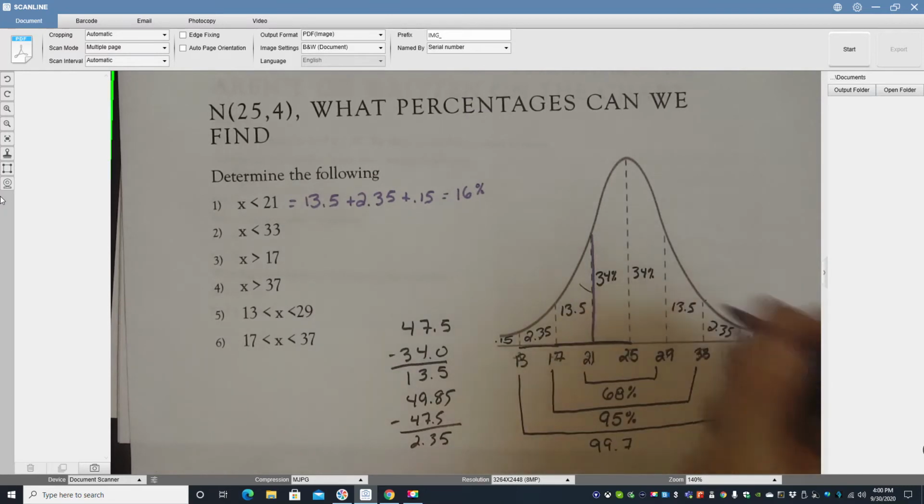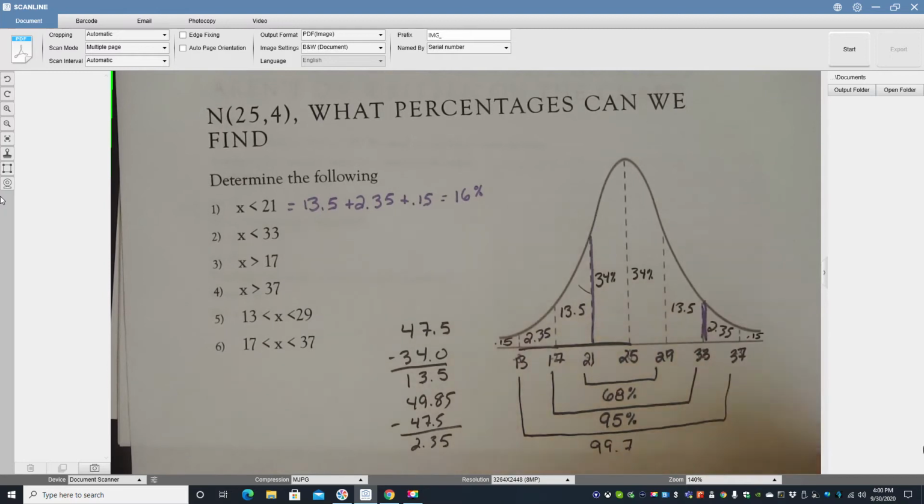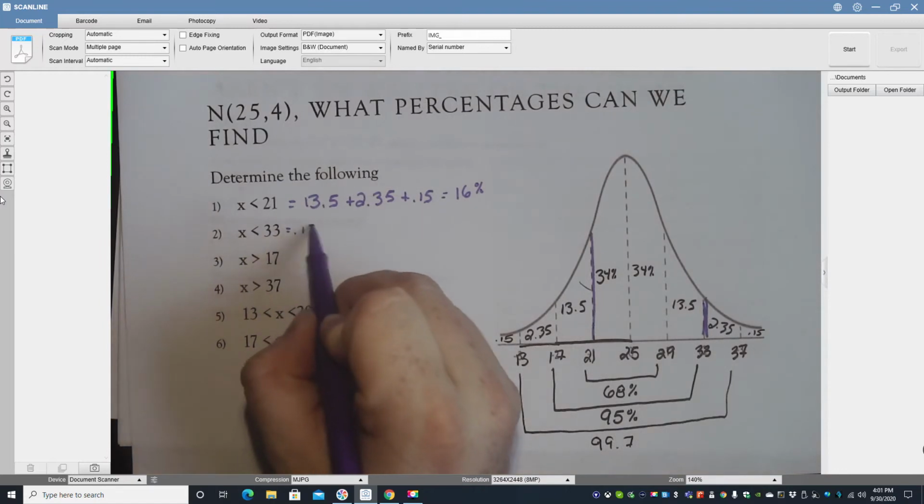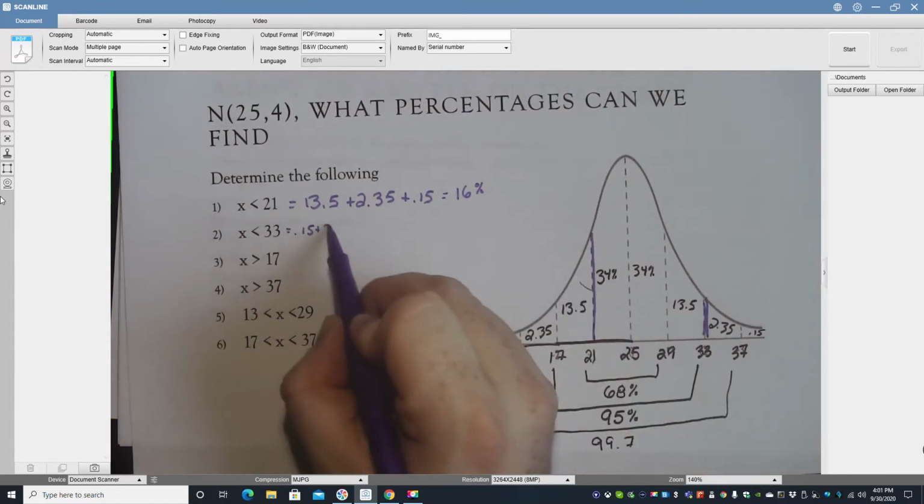So let's say that I want to do less than 33. Well, I can add everything up to that line, 33. I can also, coincidentally, if I don't want to add all this up, do 100 minus these two, because that would give me all of that. Either way, I'll just go ahead and do the adding, just to emphasize it for right now.